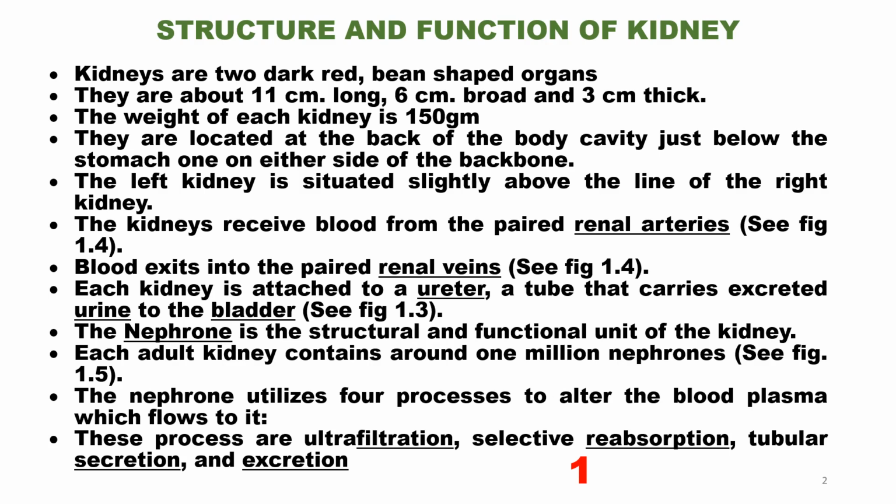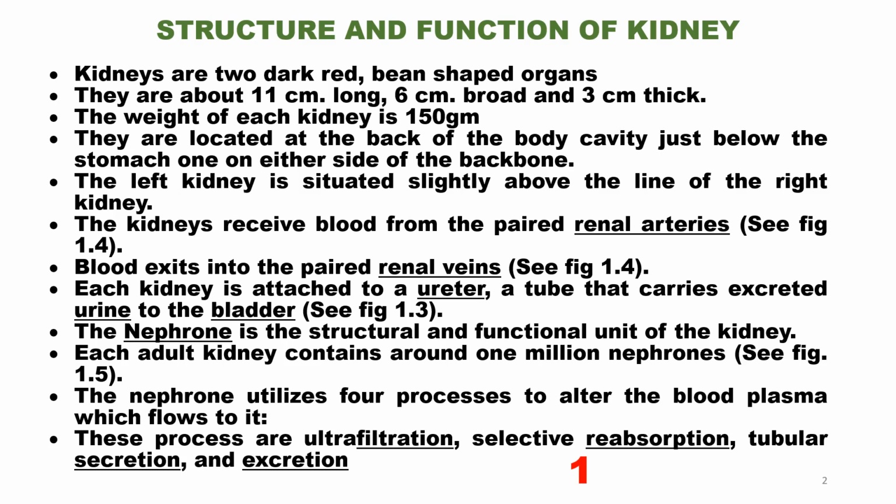That is what we often refer to as dorsoventrally situated. The left kidney is situated slightly above the line of the right kidney, meaning that the left kidney is relatively higher than the right kidney.